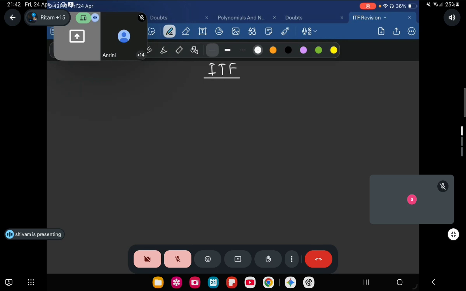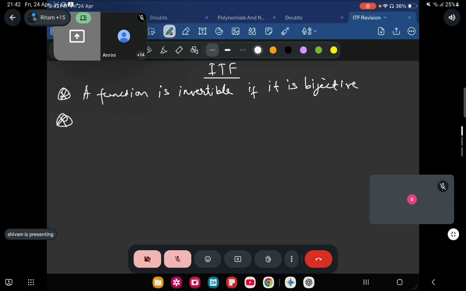I've already written it before. See, a function is invertible if and only if it is bijective.